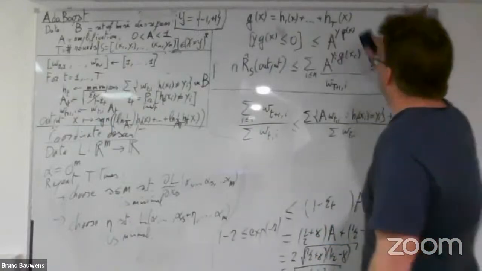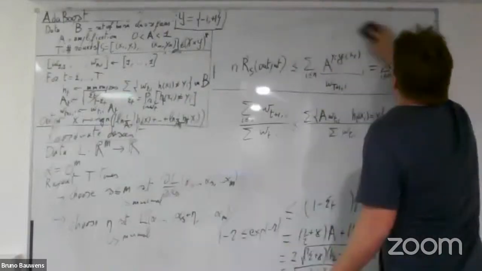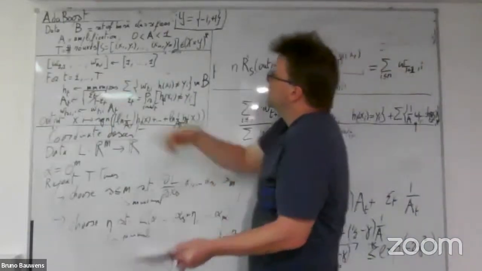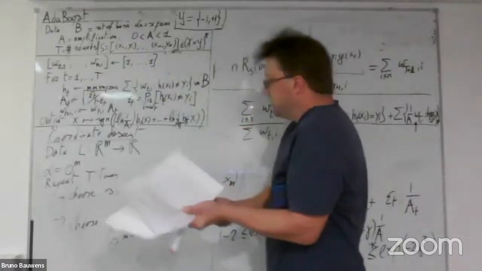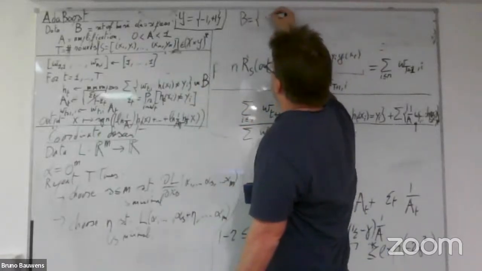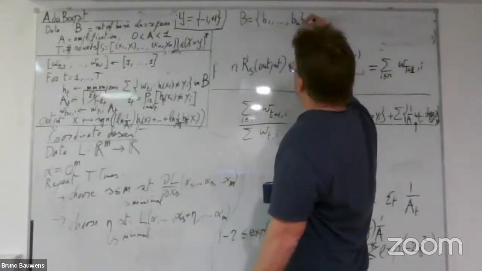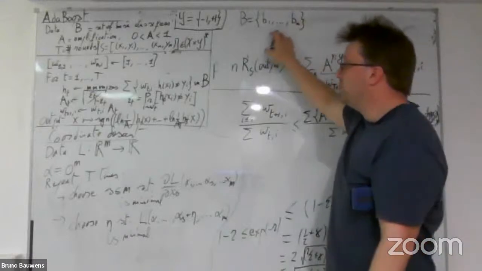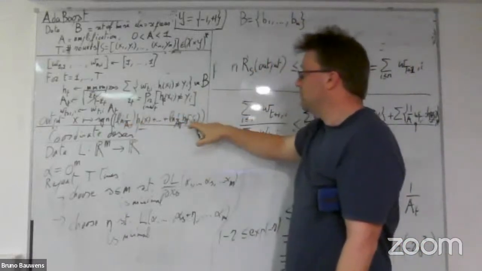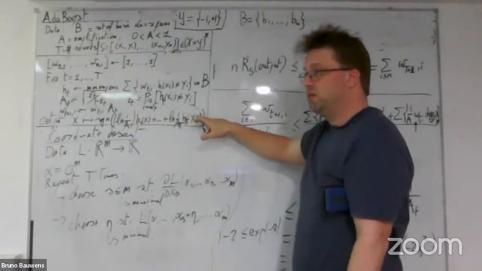Okay, so we need a few definitions. We use a set of base classifiers. Let's just say that B is finite, B is equal to b1 till bn. And AdaBoost produces a convex combination, a linear combination of these values.